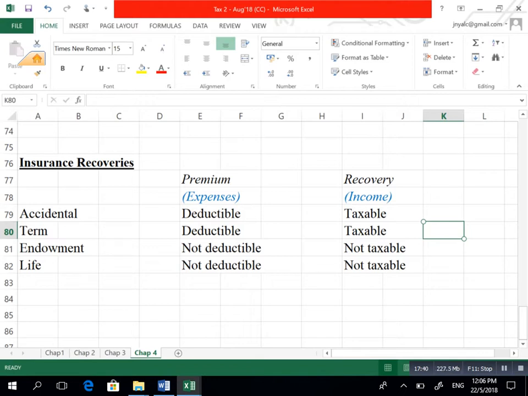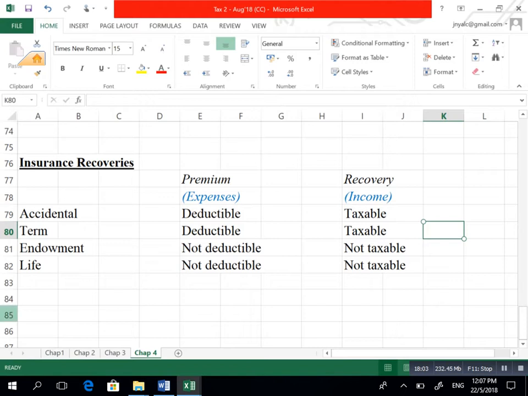So this one includes a life element and also an investment element, so the premium that you pay is not deductible for tax purposes. And when this is not deductible, the income will also not be taxable. So the life insurance you buy for your staff and so on is actually not deductible.